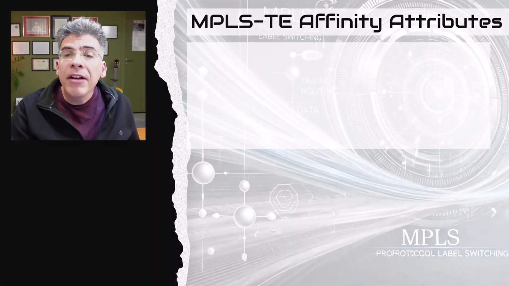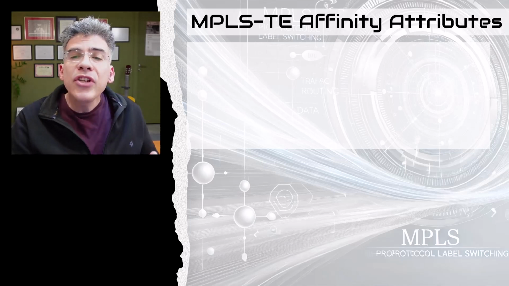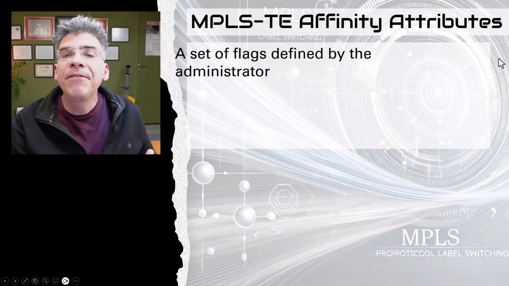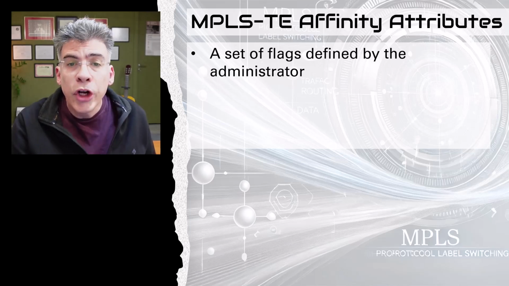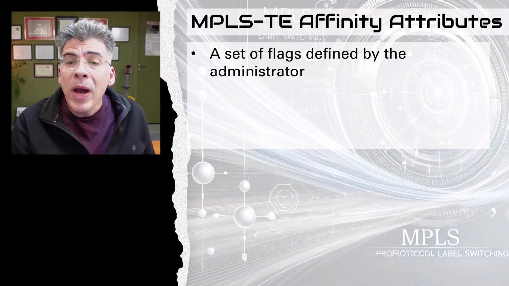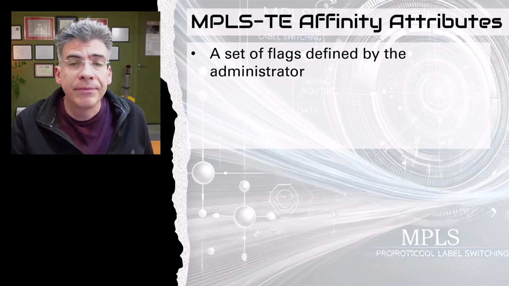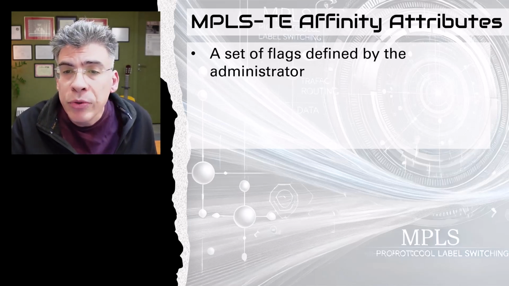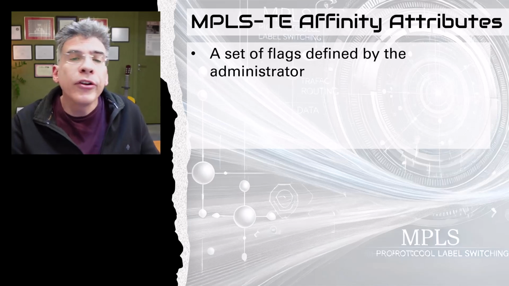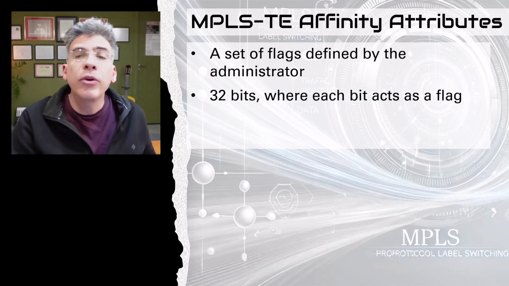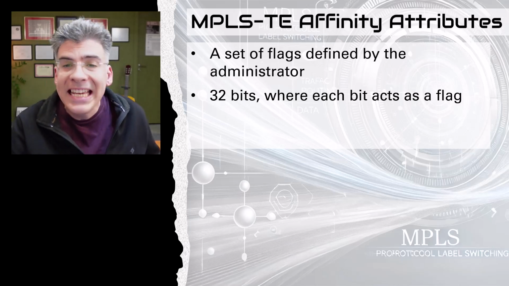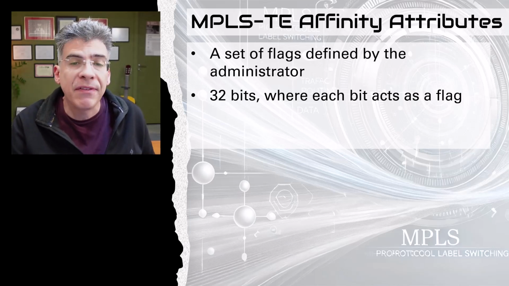Now, what are affinity attributes? Well, these are essentially a set of flags that you as a network administrator define. There are no predefined flags, so you have to define them all yourself. These affinity attributes are a set of 32 bits where each bit acts as a flag with a value of 0 or 1, and each of those bits is given a specific meaning.